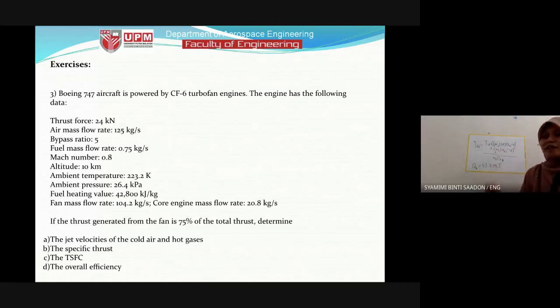So the numerator is the power actually given to the airflow for it to propel. That is the thermal efficiency, linked with the energy of the fuel.